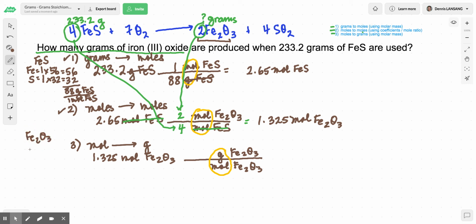Fe2O3. And we know that in Fe2O3 there are 2 formula units of iron and there are 3 formula units of oxygen. The molar mass of iron is 56 grams per mole. And so that's a total of 112 grams.